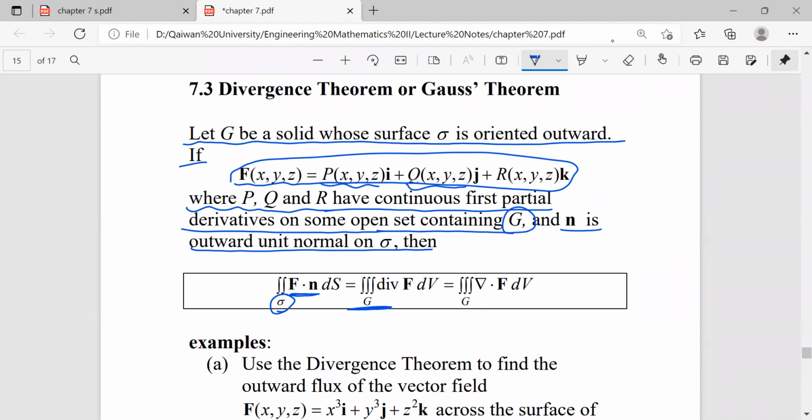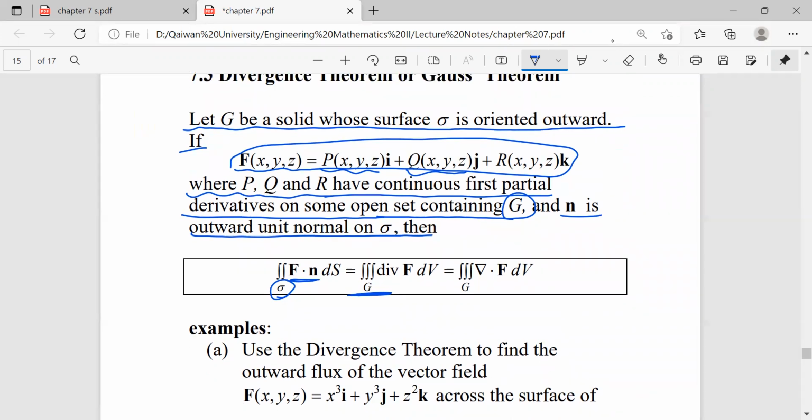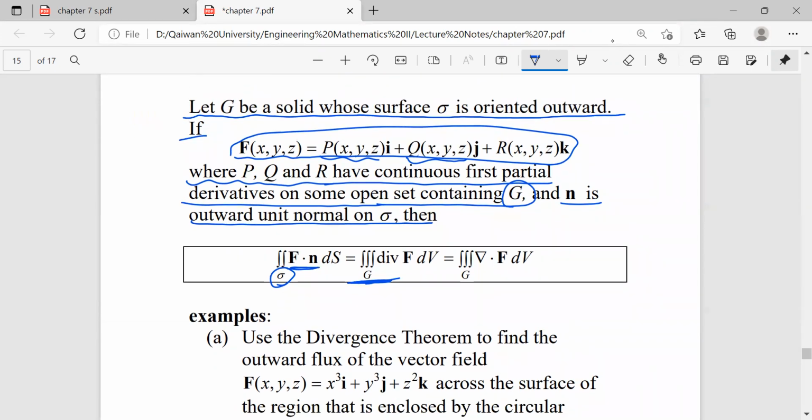When it says use divergence to find the flux, we must have a triple integral. In the previous method, we had only a double integral. But when we use divergence, we must have a triple integral over the region G of divergence F dV.